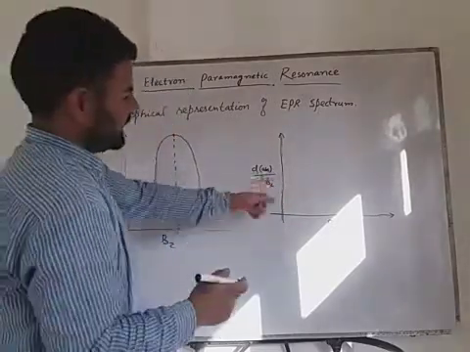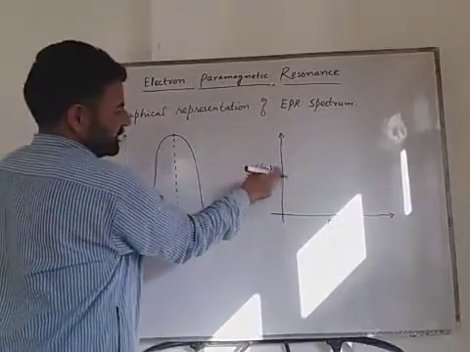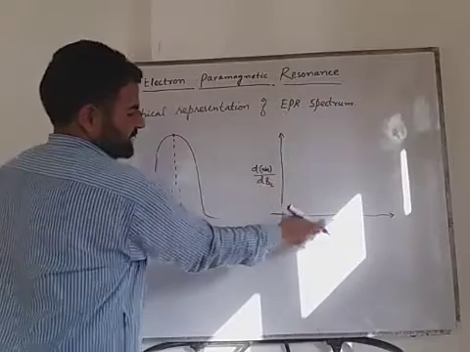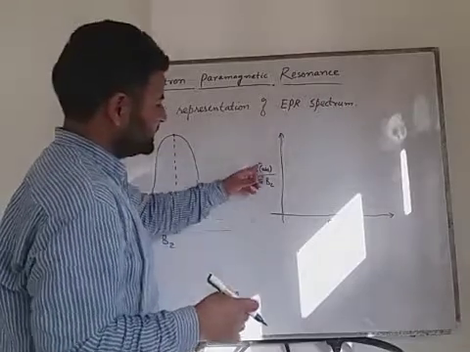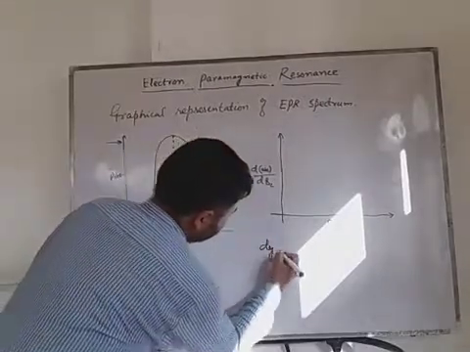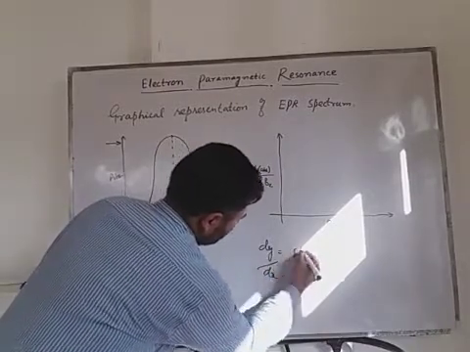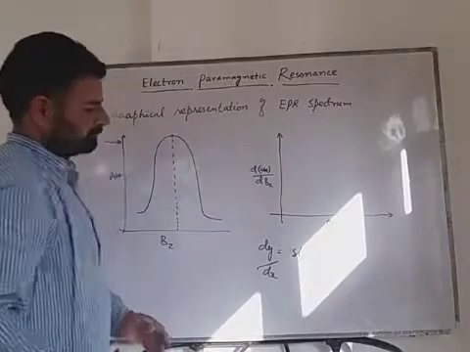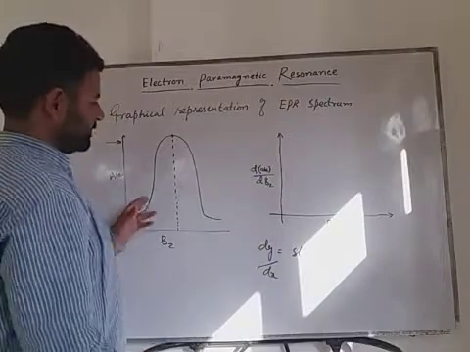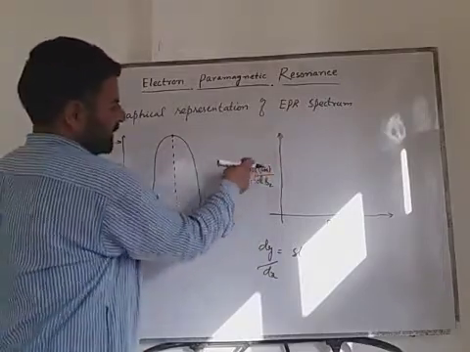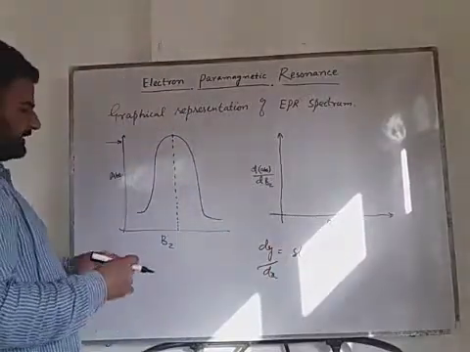We take the absorbance which we are getting here as the first derivative, d absorbance by dBz. That means it is dy by dx, and we know that dy by dx is called the slope. Dy by dx is equal to the slope of the peak. So from here we are taking dy by dx, and from this side we are taking the magnetic field.